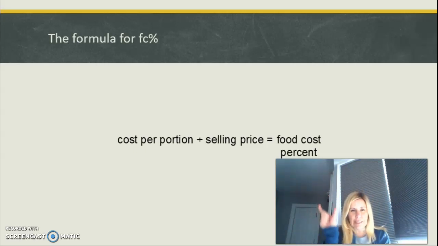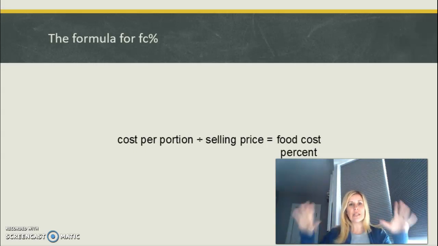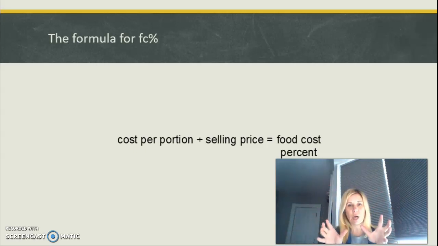How much does the entire recipe cost me to make, divided by the selling price? How much will I put it on the menu for? That will tell me what my overall food cost percentage is. So tuck that formula away, because that is the first one that we're going to learn and talk about in section 5.3.